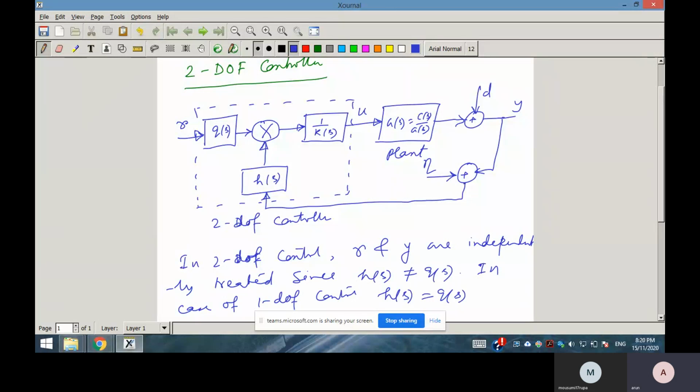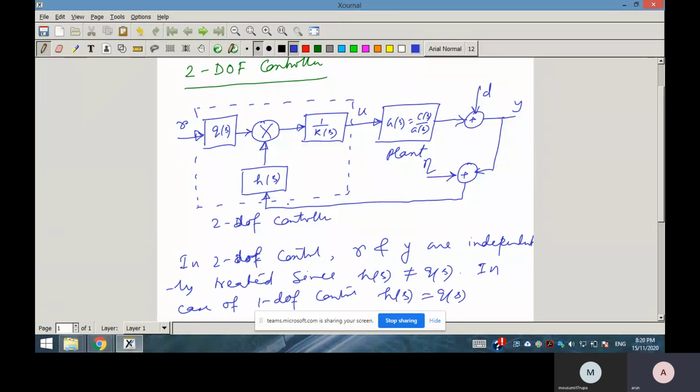Okay, so the main difference is that here the operators Q(s) and H(s) are different. Operator Q(s) is operating on the reference input, and the operator H(s), a polynomial operator, is operating on the measurement output. So this is your measurement output. They are treated independently.